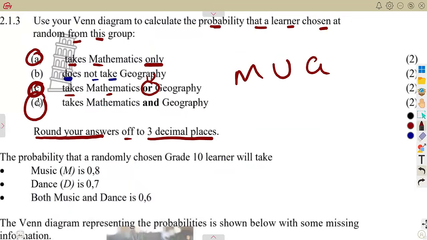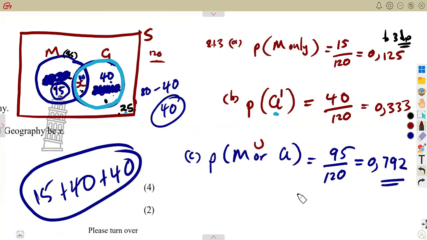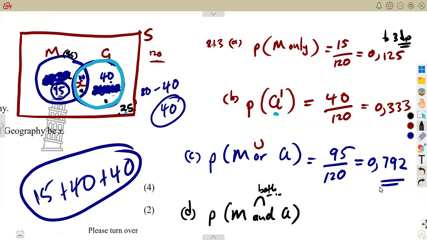All right, D, mathematics and geography. This is the intersection where we find both simultaneously taking place. They are taking place at the same time. That's M and G, the intersection of M and G, which is X. Those ones for both. This is both M and G, which is our X. And our X is what? 40.